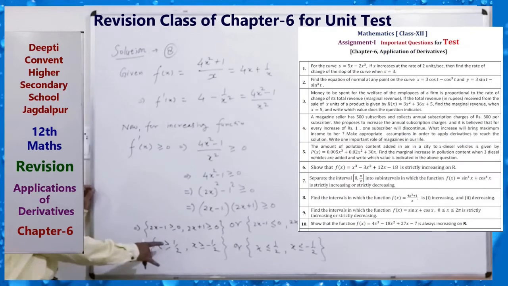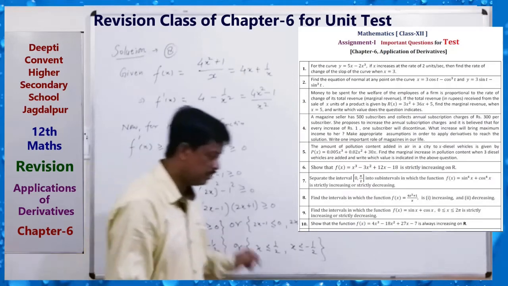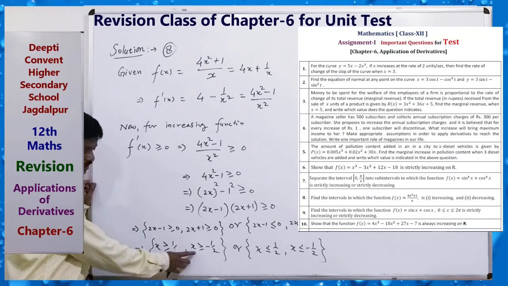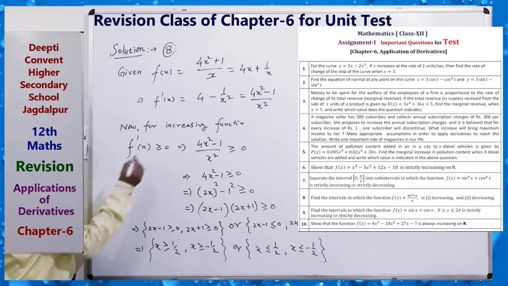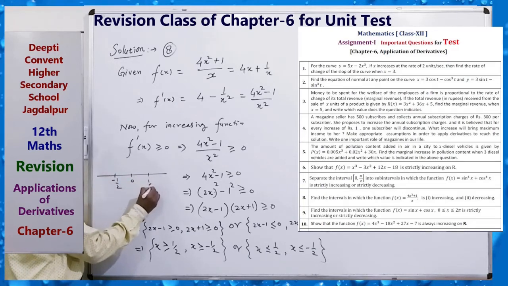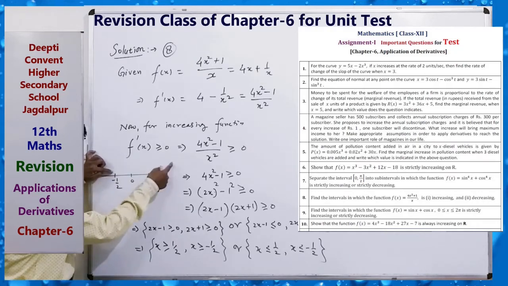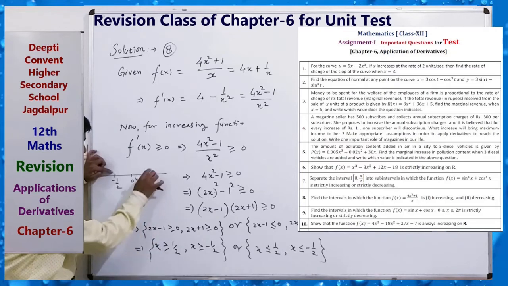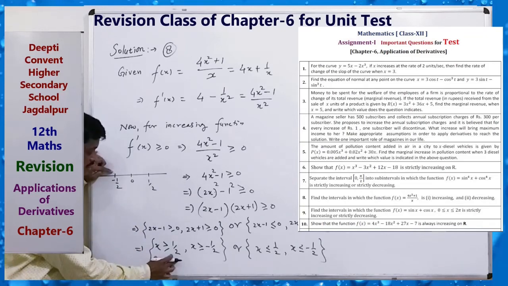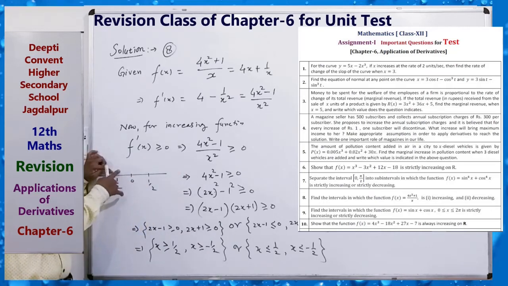Suppose this is the number line, with 0, minus half and plus half. The value of x which is greater than or equal to minus half and also greater than or equal to plus half: if x is greater than half, then it is also greater than minus half.